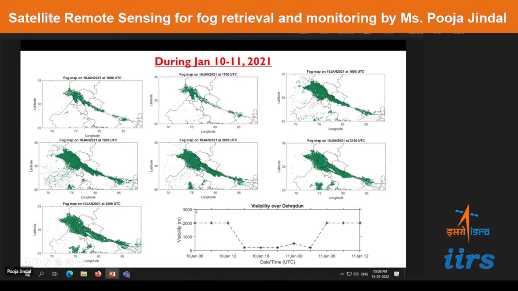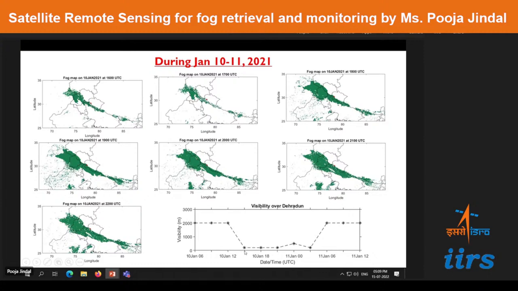Here I have shown you the visibility information. This is a visibility plot, visibility with respect to time. This 10 Jan 06 means 10th January 6 UTC, then 10th January 9 UTC, 12 UTC, then 15 UTC.